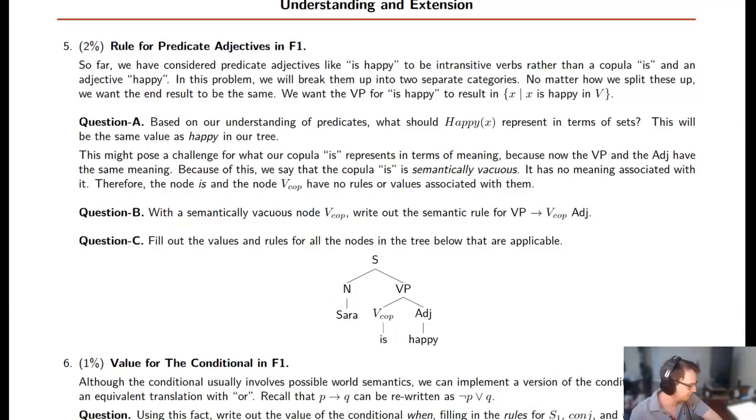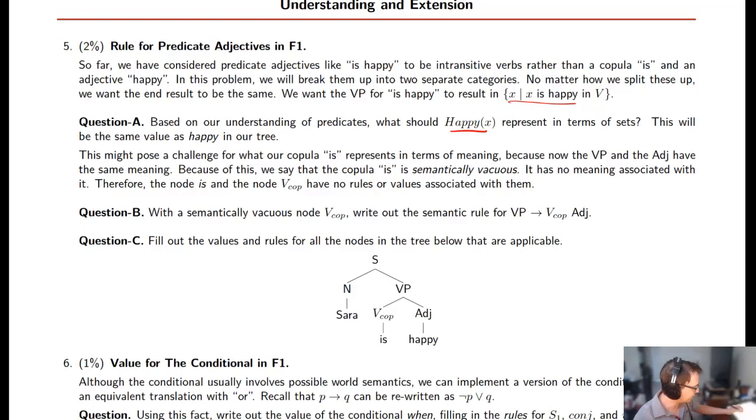So happy should be treated as an adjective. We can give it its own category, and you have to figure out what happy should be in terms of sets. So I say, okay, what is happy in predicate logic, and use that as a base. And also I tell you what we want the VP to be.